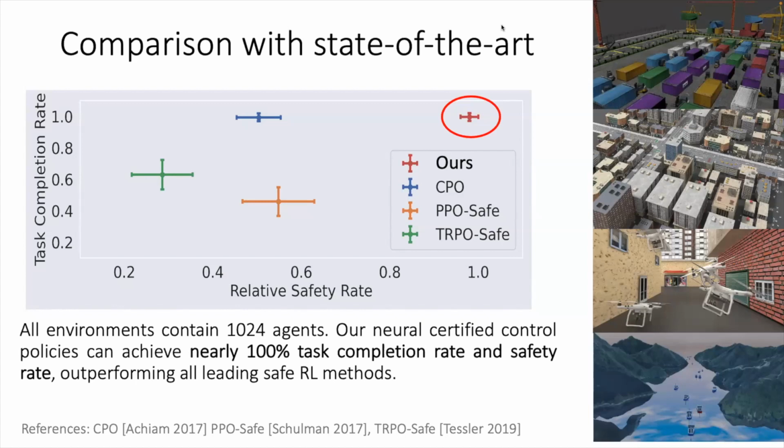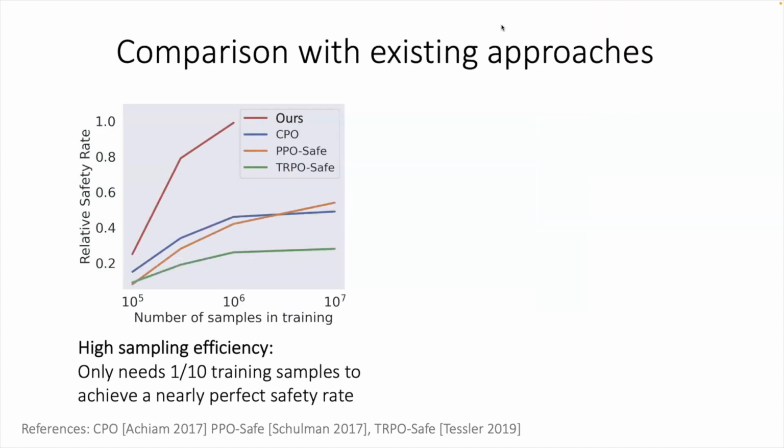In training, we didn't give a huge wind, but in testing, we actually give a pretty fast wind speed to see how well they can tolerate these uncertainties. And you may also wonder, do we need more samples than RL? Luckily, we do not. We actually only use 10% of the training samples that RL uses, and we can get a nearly perfect safety rate, while RL still struggles around 50-60%.